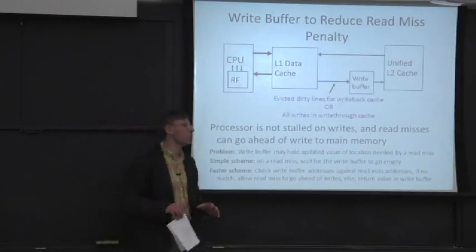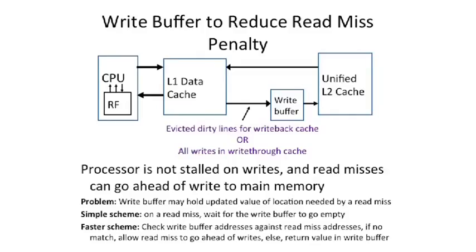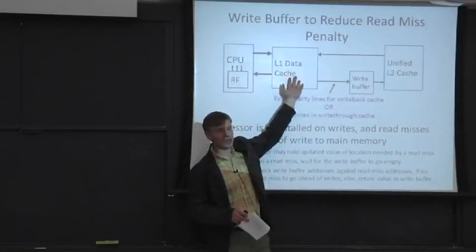So the solution to this is we put a little buffer between our L1 and our L2, or L1 and our main memory, and this will hold writes or victims that go out from the L1 to the L2. And now we have some place to put the data. So if we wanted to do this fast, we'd do the load. We'd miss in our L1 cache.